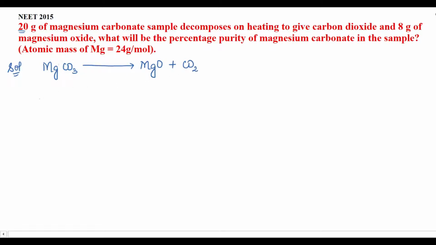In this case, we'll firstly find out the molar masses of magnesium carbonate, magnesium oxide and carbon dioxide. First, we will find the molar mass of magnesium carbonate, right? If I add the atomic masses of magnesium, carbon and oxygen, it will give me the molar mass.